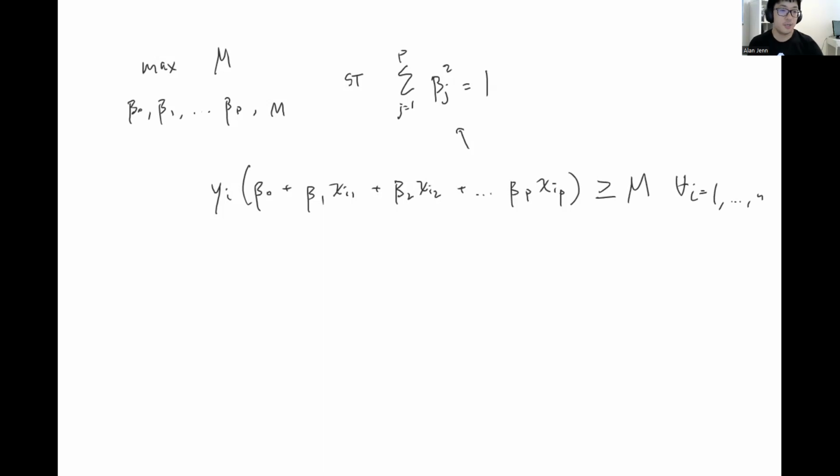This equation is essentially going to try and maximize the distance of each of the points from the hyperplane.